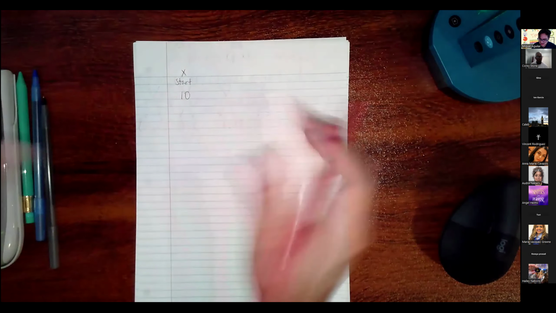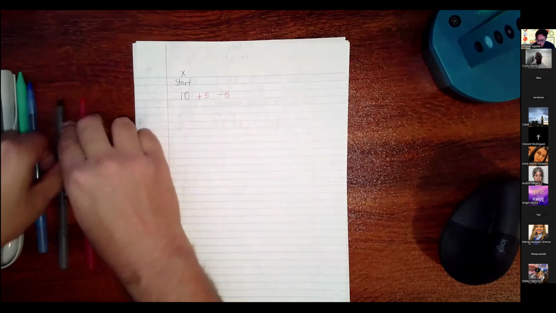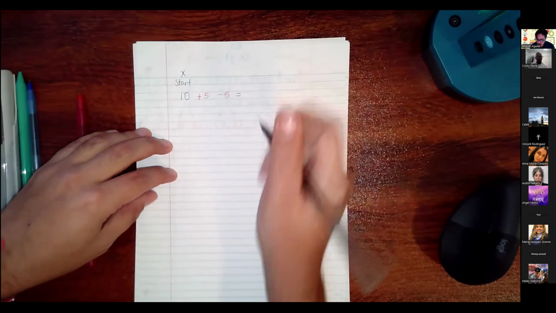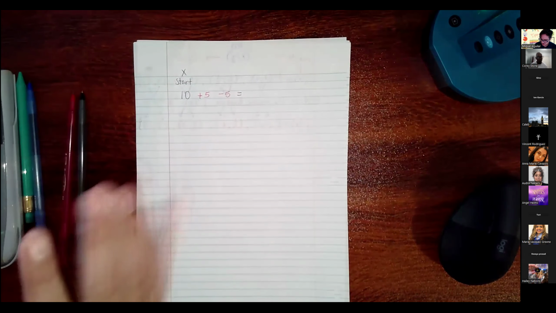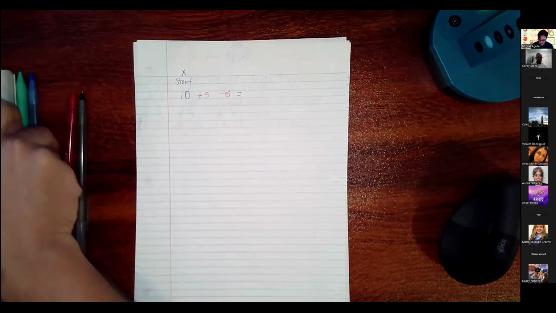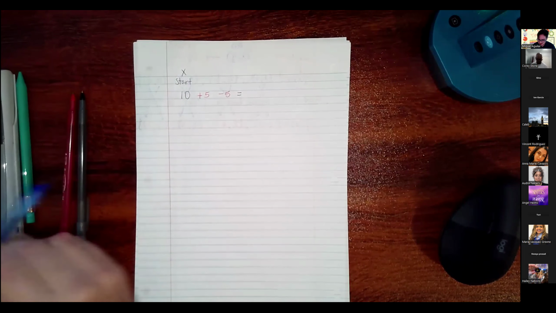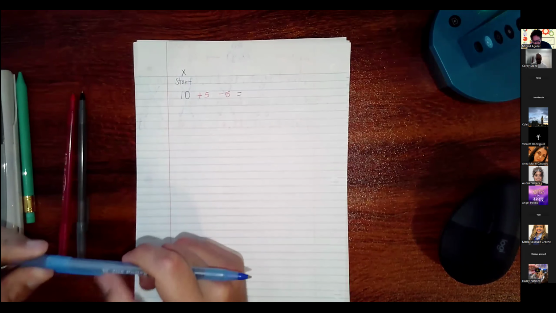If I told you, okay, take 10, add 5, and then subtract 5, can you guys tell me how would you go about solving this problem if you're in a math class? How would you go about showing your work? Combine like terms. Yeah, we combine like terms. So what's the first thing that you would combine? The 5 and -5.